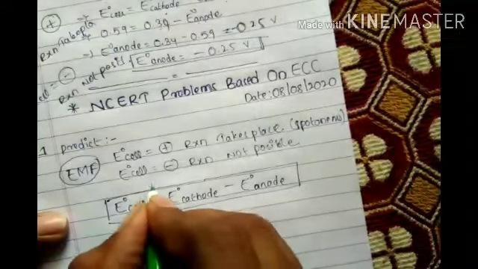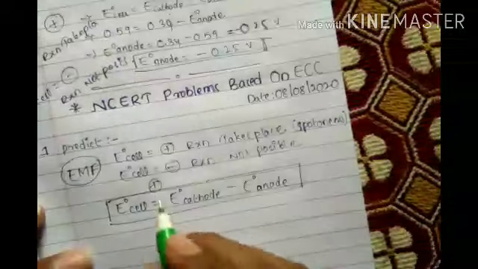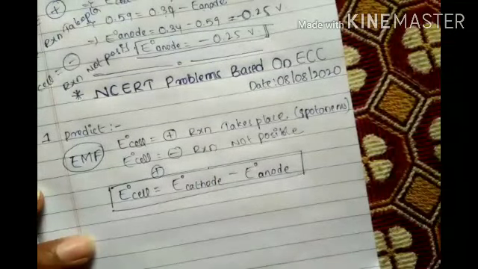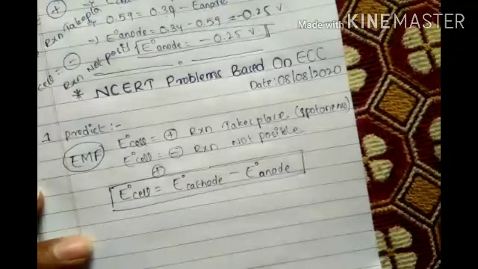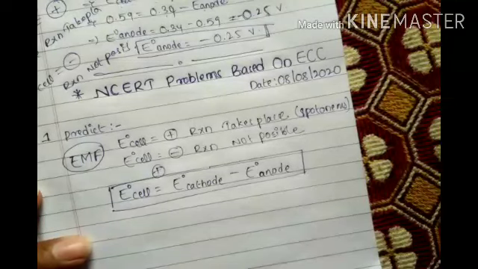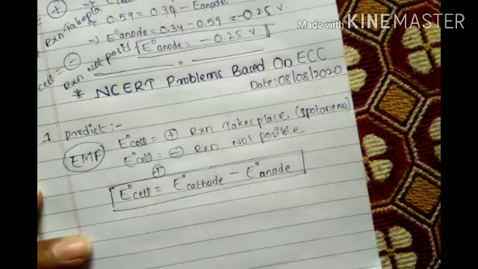So by using this also, if positive is coming, the reaction takes place, and if negative is coming, the reaction does not take place. But here a new type of question came: to predict whether the metal reacts with acid to give hydrogen gas.